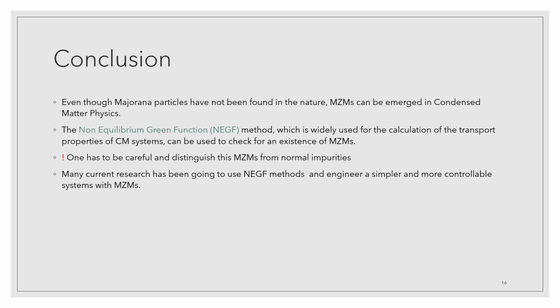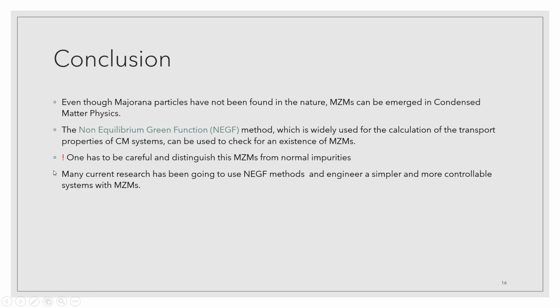And then we talked about how we can see them in an actual laboratory outside of the world of theory, and we've learned that we can use NEGF, non-equilibrium green function, to calculate the conductance properties of that Kitaev chain, and to have some point that we can somehow infer from it that these Majorana zero modes do actually exist.